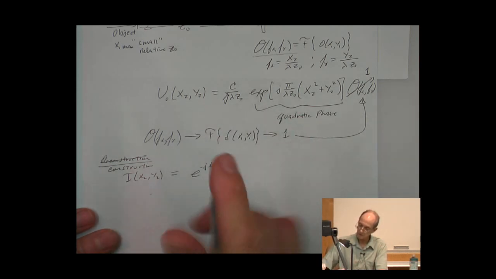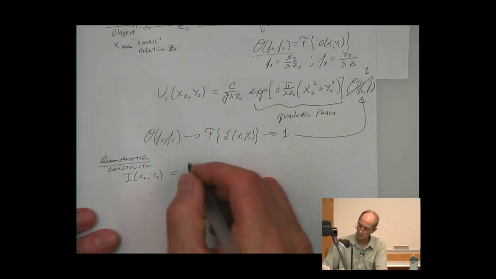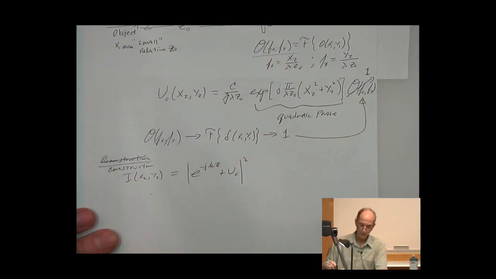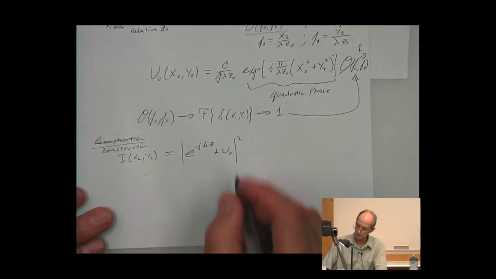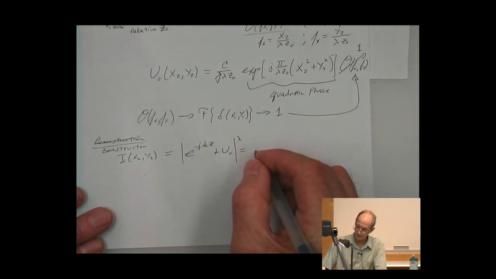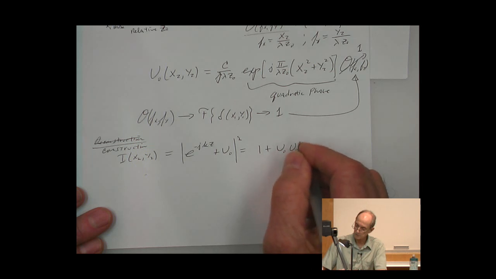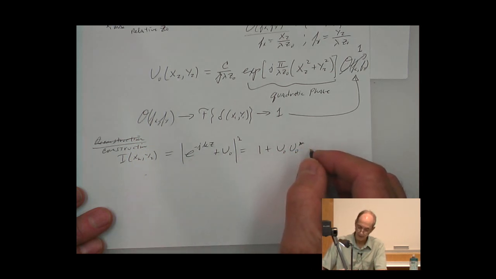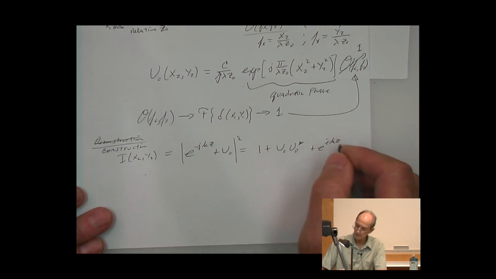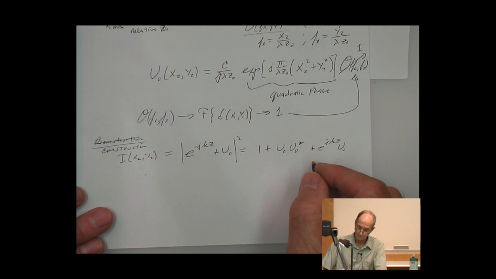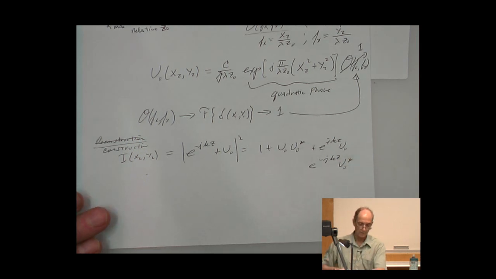That's what's being recorded on the film plane. And so this then gives us our usual terms. We have 1 plus u0 u0 star, since these are unit amplitude plane waves. And then we have e to the j kz u0 and e to the minus j kz u0 star.